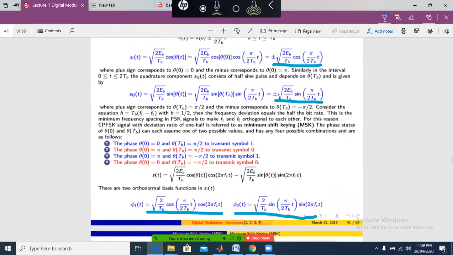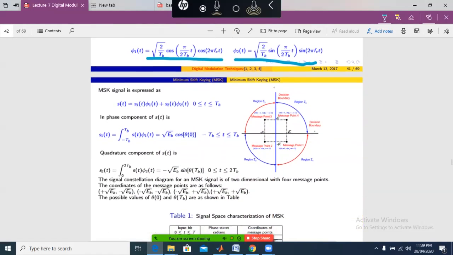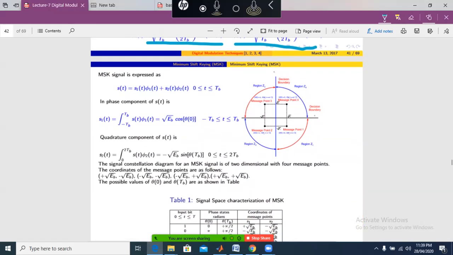So the S of t signal is generated by S1 of t, phi 1 of t, S2 of t, phi 2 of t for the 0 to Tb duration, right?